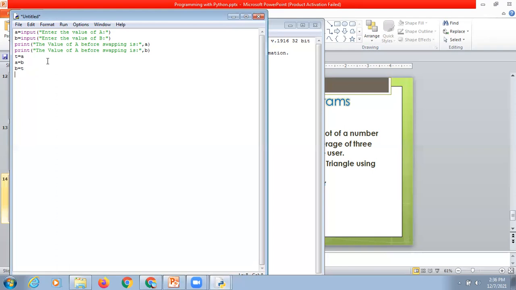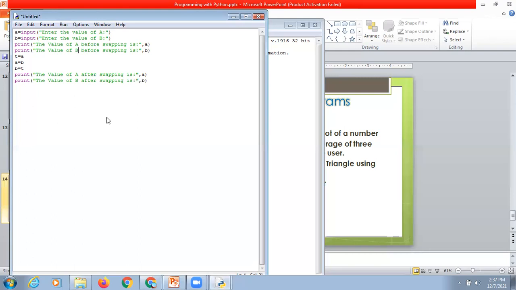Now we can print again. I'm going to copy these two statements again and paste them here. And instead of before, we change it to after swapping. It should be B. This should be B. Okay.